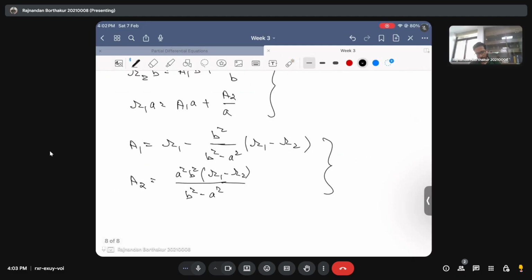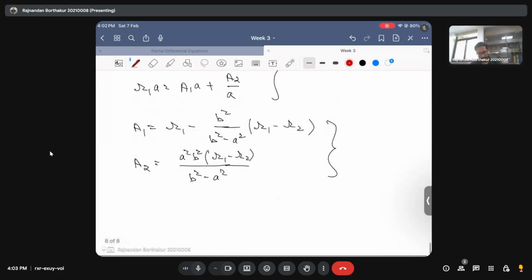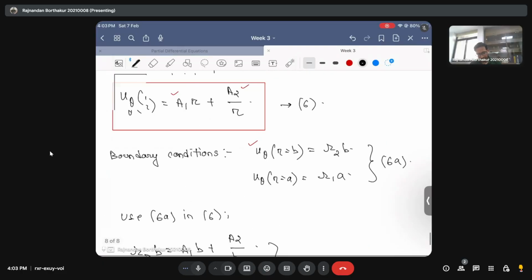Then we just need to write down u theta in terms of a1 and a2. Maybe I'll call this 6b. So your u theta as a function of r is a1 times r plus a2 by r.